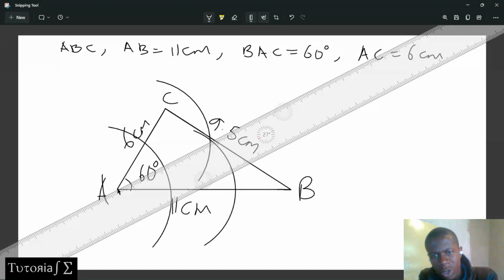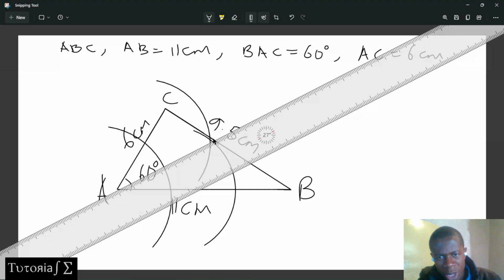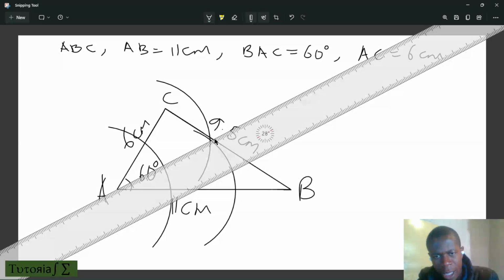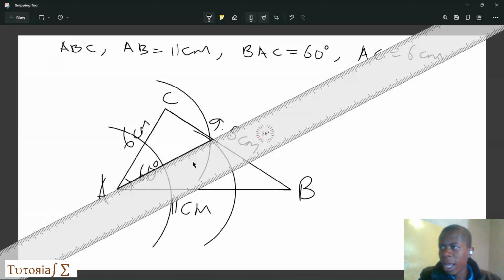So it should start from here, from A, and go to the middle point there. Like that.